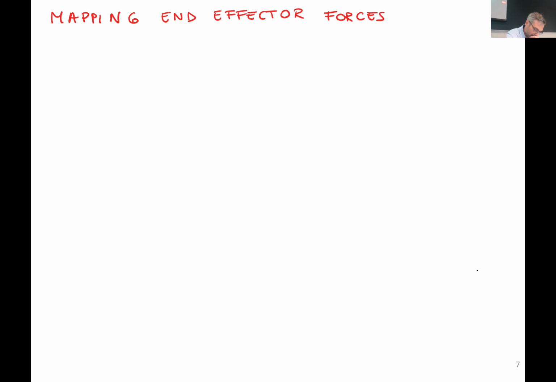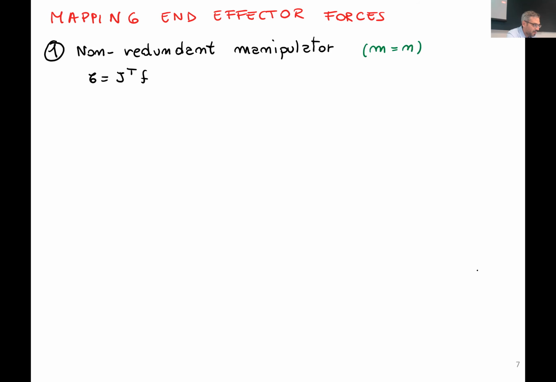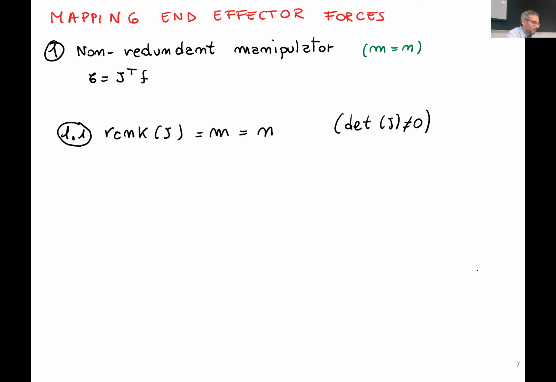So now let's do some analysis on this. We have two cases that we are interested in, right? Apart from the SCARA robot, for a non-redundant manipulator we have two cases according to whether the Jacobian matrix is full rank or not.